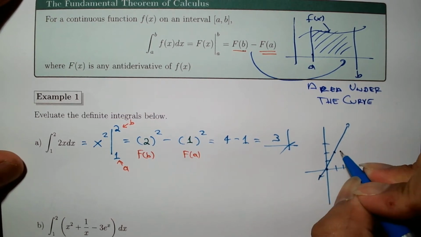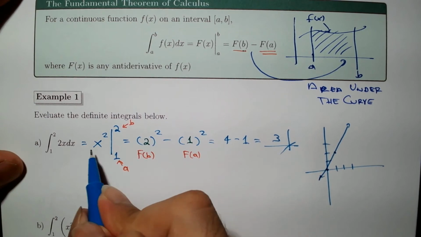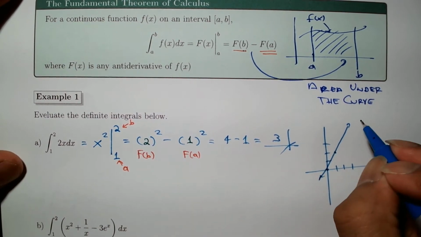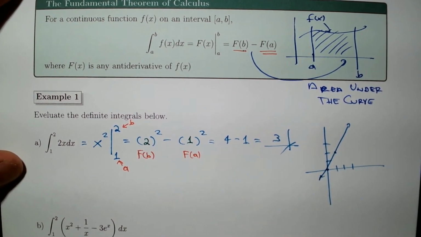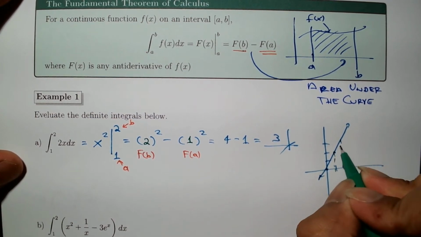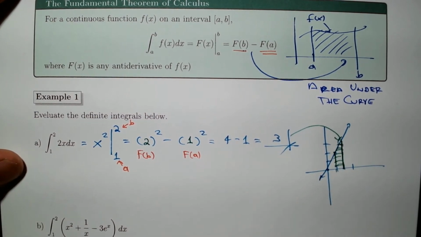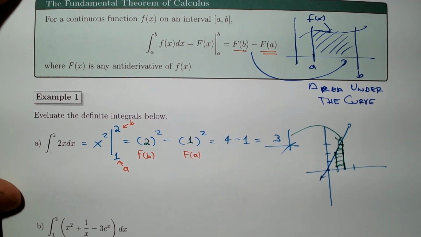It's a straight line with a slope of 2 and a y-intercept at 0. And it gets evaluated from 1 to 2. So all we're doing here is finding the area from 1 to 2. This area right here, which is 3 units. So that's the geometric interpretation.